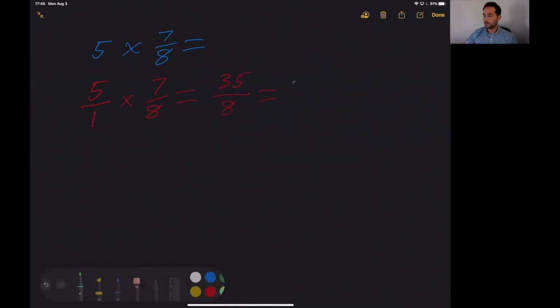Well, it goes in 4 whole times, and that would give you 32. And so now we do 35 minus 32, and we get 3 out of our original denominator, 8. So we now have 4 3/8, which is the same as 35 over 8, or 35 divided by 8.